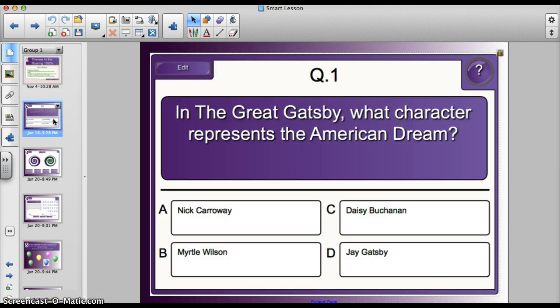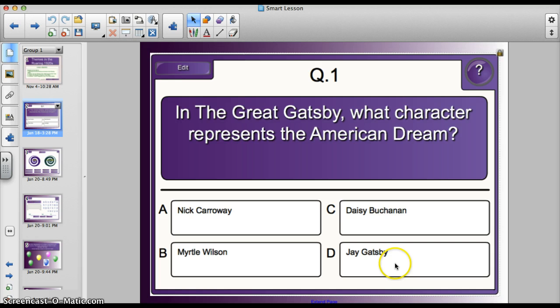So the first interactive activity that I have is a quick multiple choice quiz. It's 5 questions, and it goes both through questions asking about the Great Gatsby and just general 1920s history. So the first question is, in the Great Gatsby, what character represents the American dream?